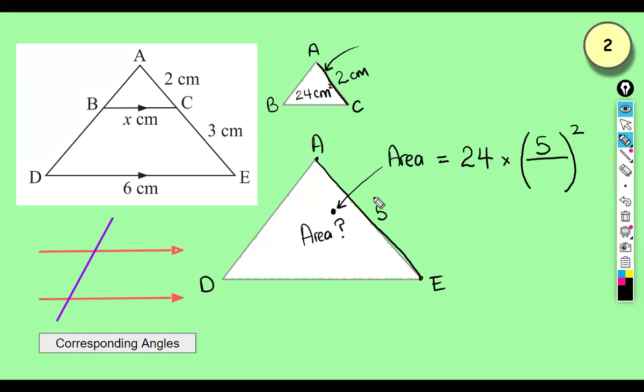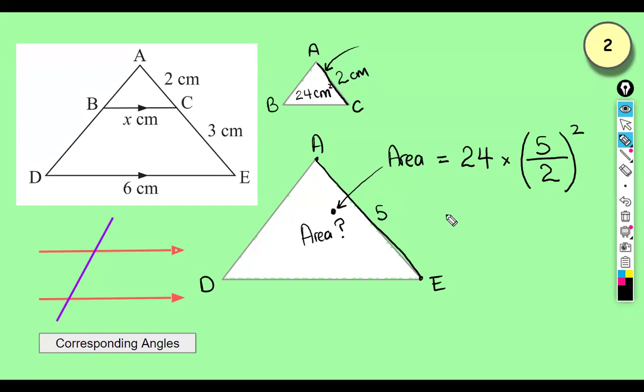The larger value has to go on top, and the smaller value has to go underneath. Because if you put the 2 on top and the 5 underneath, that will actually make your answer smaller than it needs to be. The answer will get smaller.